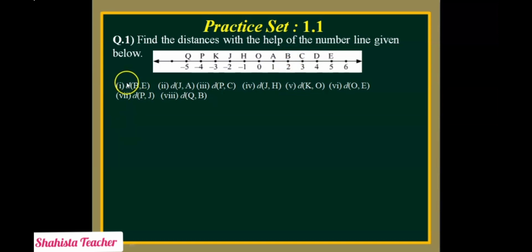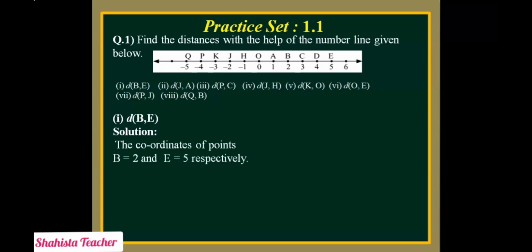So first we will write sub question 1: distance of B coordinate E. Now here solution. Coordinate of B is how much? 2. And coordinate of E is how much? 5. So here we will write given, that is coordinate of point B is 2 and coordinate of point E is 5.